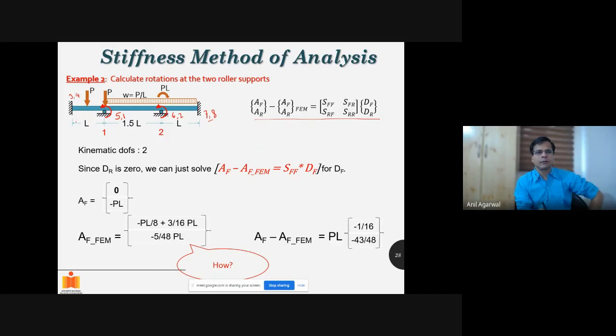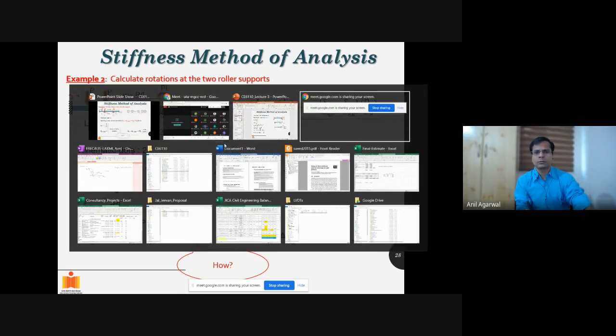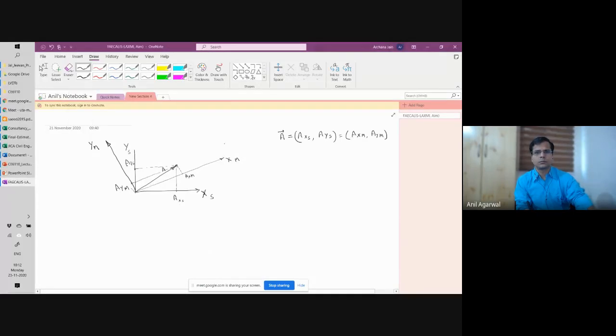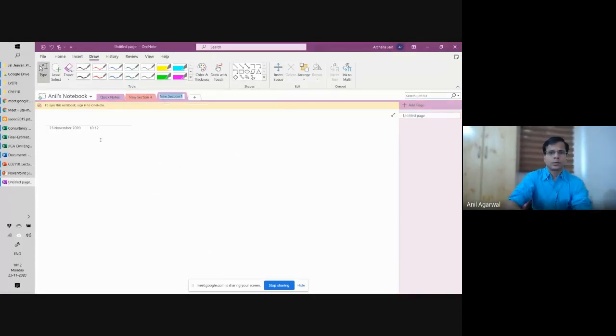Agreed? The first member would have degrees of freedom of 3, 4, 5, 1. The second one would have 5, 1, 6, 2. The third one would have 6, 2, 7, 8. Okay. Then what we should do is write the stiffness matrix for the first member. So ideally there are 3 members, right?